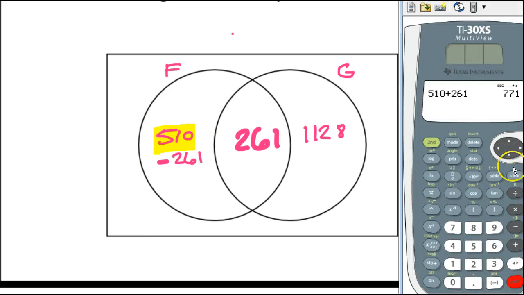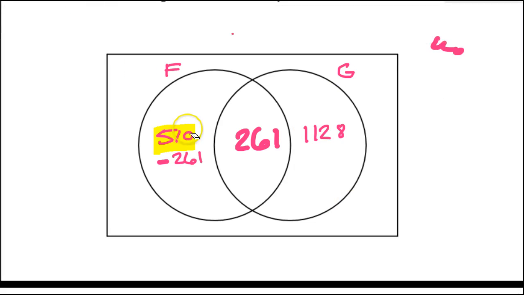So you need to go 510 minus 261. Okay, so this section is really only 249.